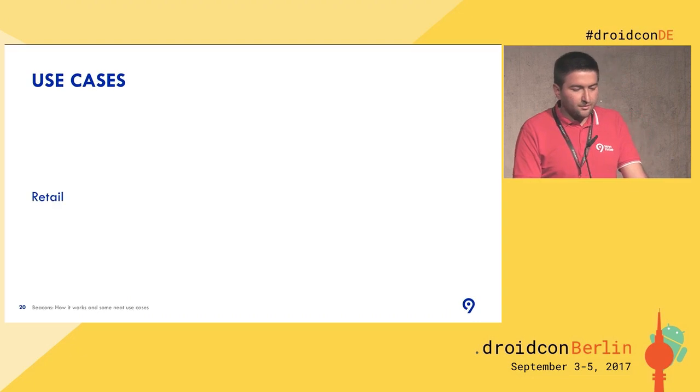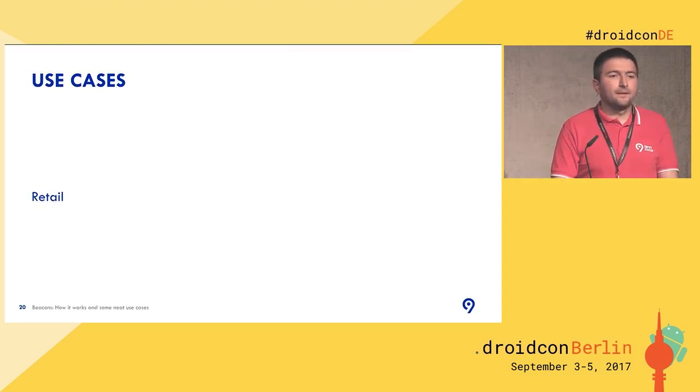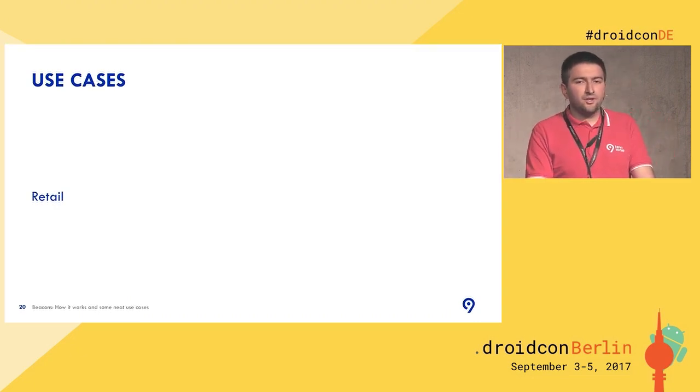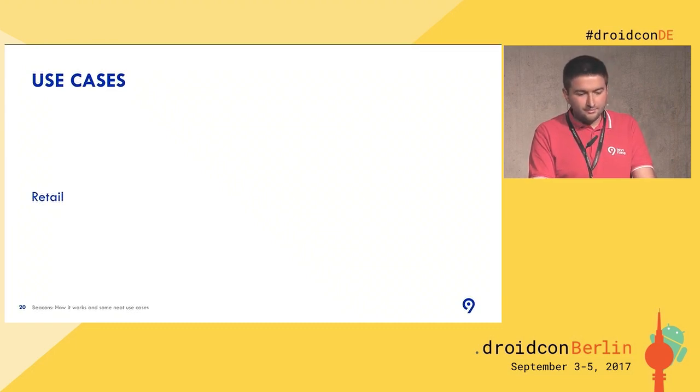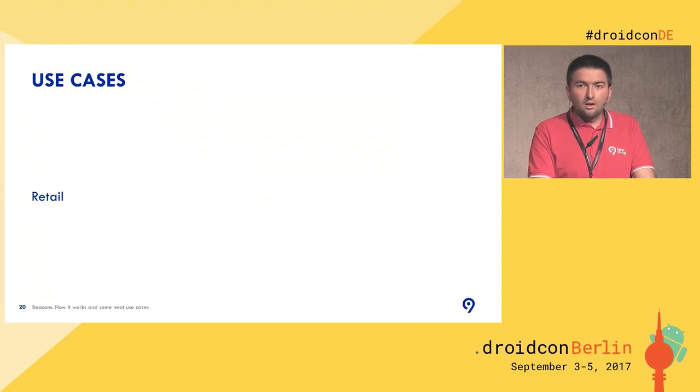We'll start with the retail industry, as this is where it all started, and I believe this is where beacons are now mostly used. As I said before, one of the interesting things here is getting coupons or discounts.